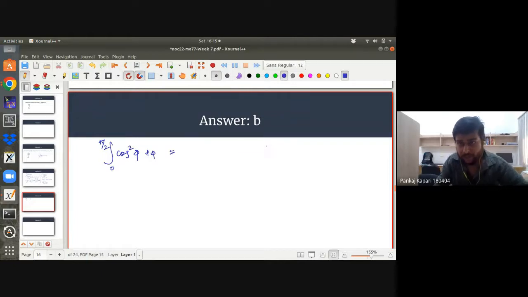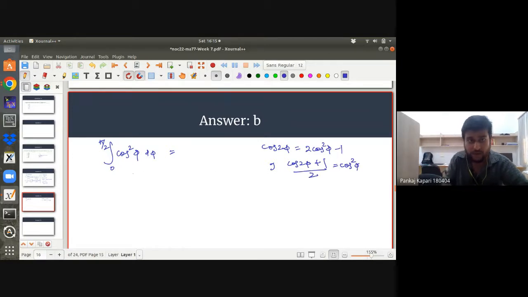Okay, so let's use this double angle formula. What is cos 2 phi? It is 2 cos square phi minus 1, and this gives us cos 2 phi plus 1 divided by 2 is equal to cos square phi. So instead of cos square phi, we'll write cos 2 phi plus 1 divided by 2, and we integrate this.